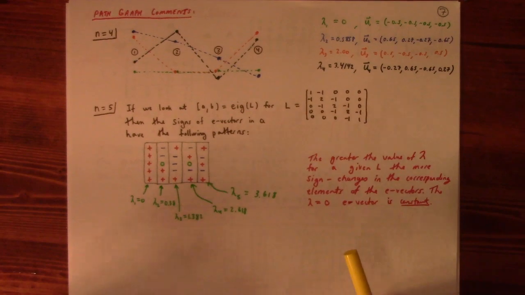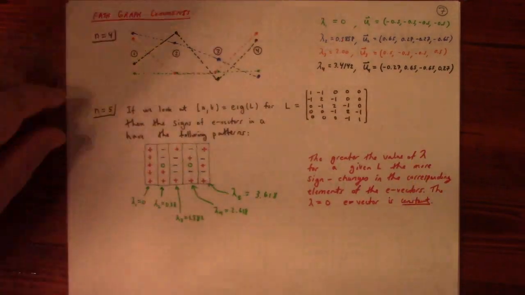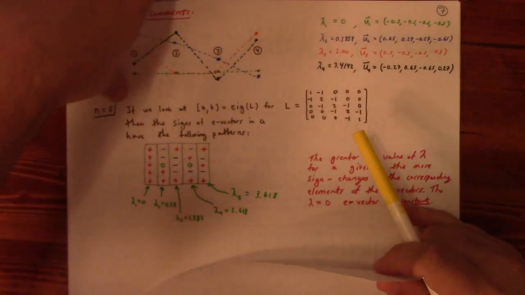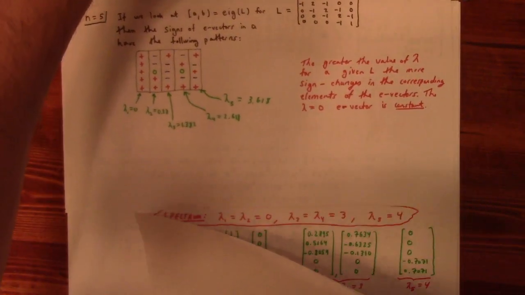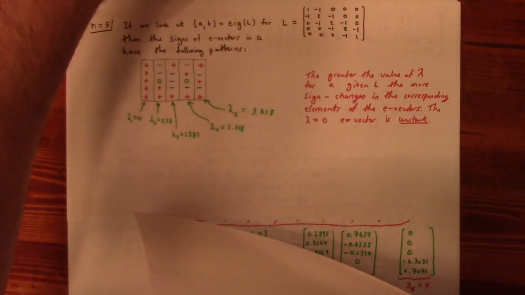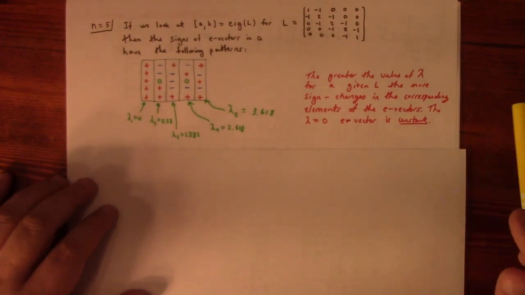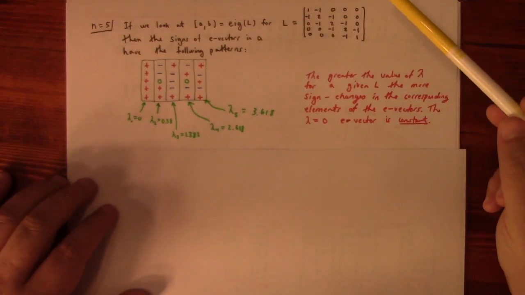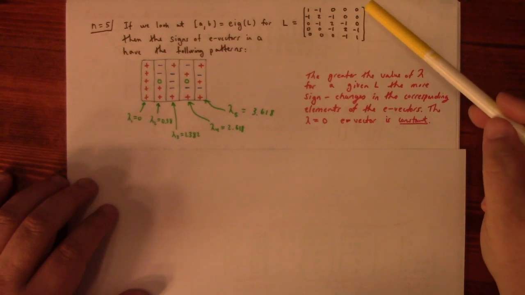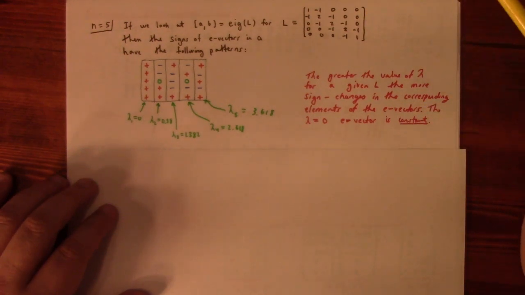So I didn't want to write them out. But if you get out your handy dandy MATLAB or Octave perhaps, whatever, and you calculate the spectrum for the path graph on 5 vertices, you'll again get this nice pluses and minuses pattern.